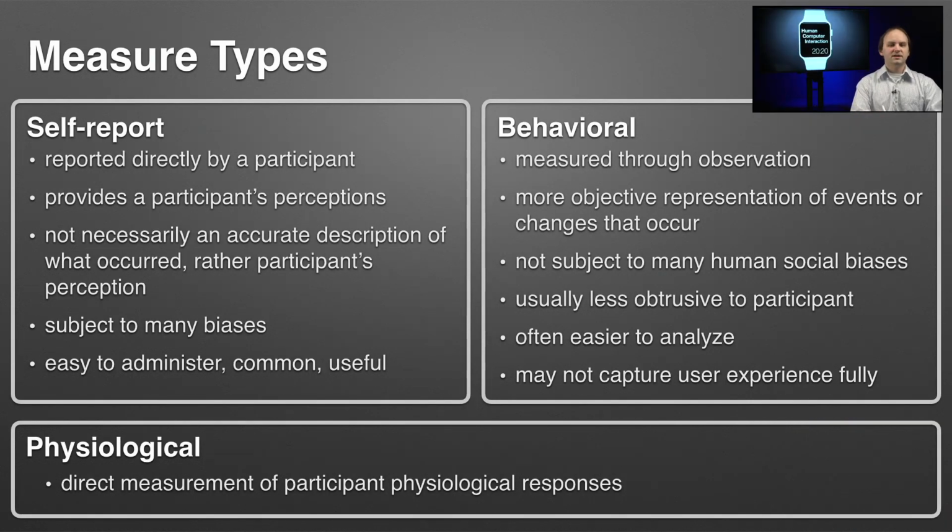We talked about different types of measures. Self-report being things that a person evaluating your interface or participating in your study reports about their experience directly. Behavioral being a little more objective, something we can observe or record and analyze later. And physiological being direct responses from a person that are measured.